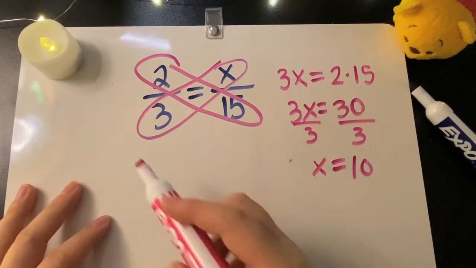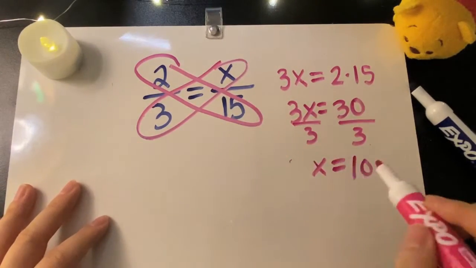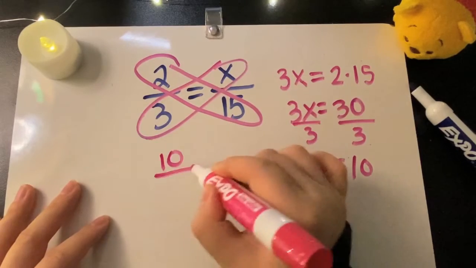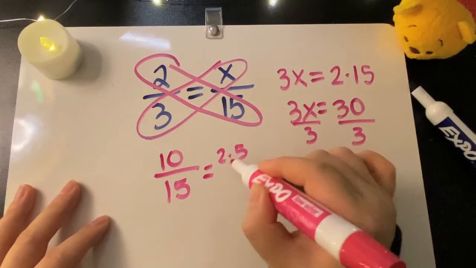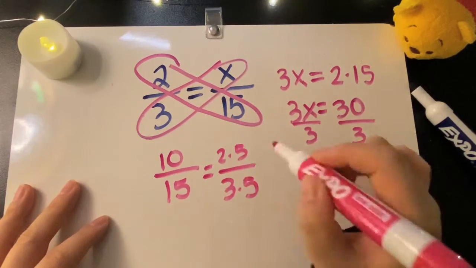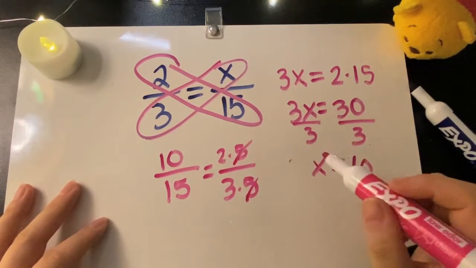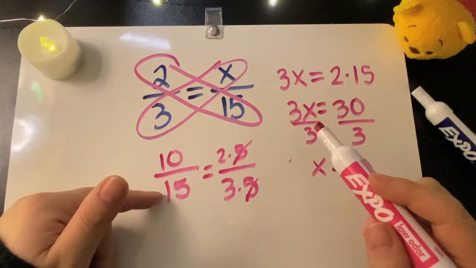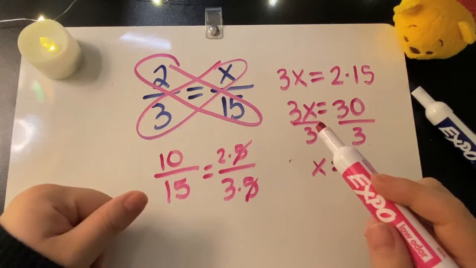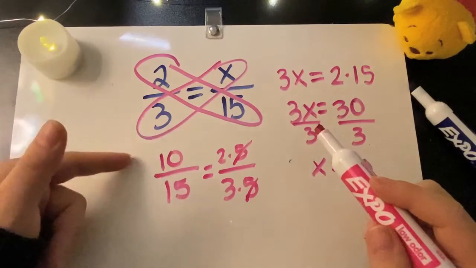And it's always good to check this kind of stuff. So if you put in 10 over 15, we can rewrite that as 2 times 5 over 3 times 5. And the 5's cancel. So in other words, you can divide by 5 on the top and the bottom here, and get 2 over 3.